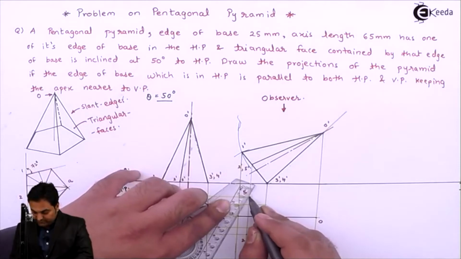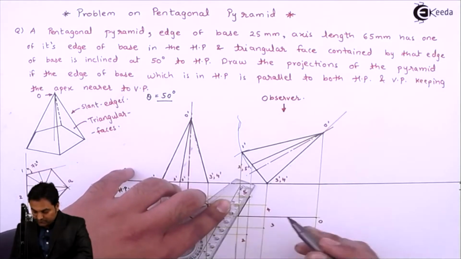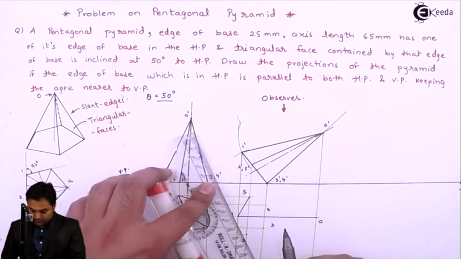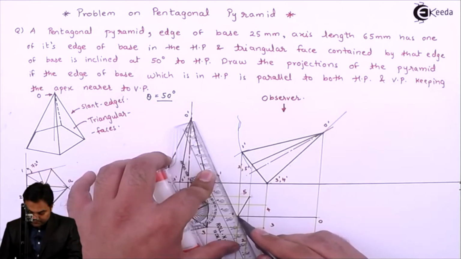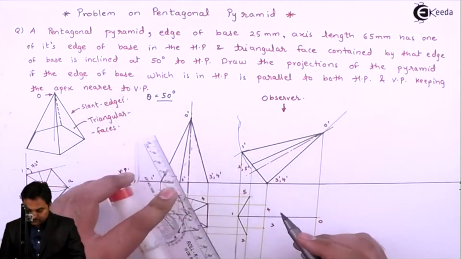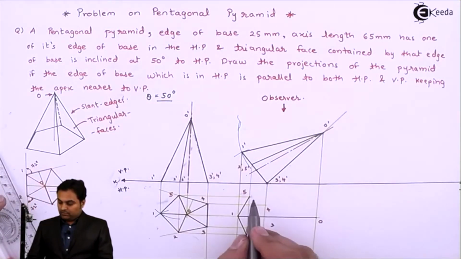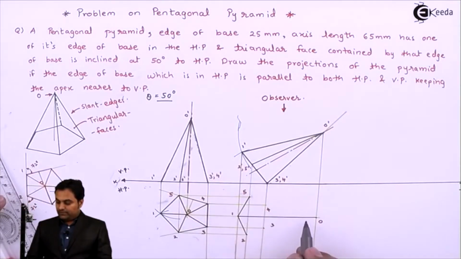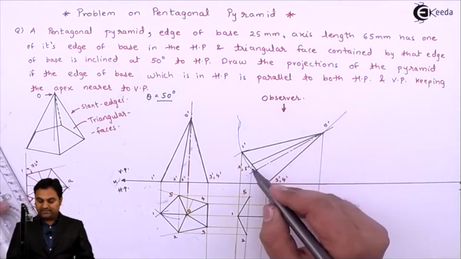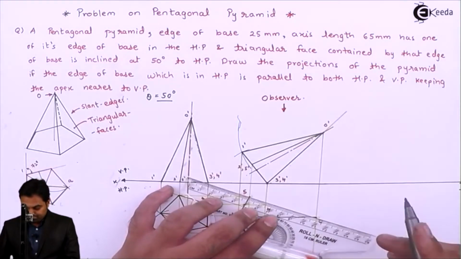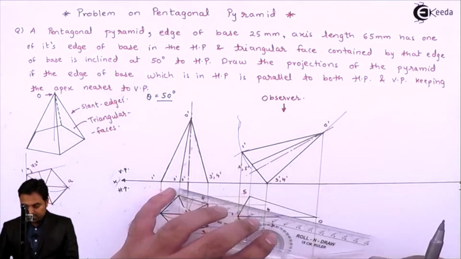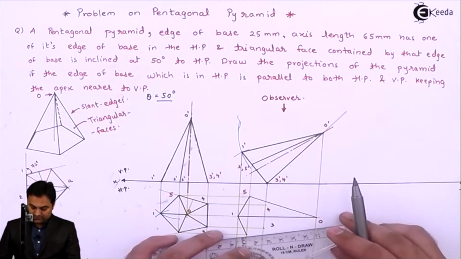So 1 to 5 visible, 1 to 2 visible. Next 5 will be connected to O because this edge O dash, 5 dash is visible. Then the edge O dash, 2 dash is also visible.